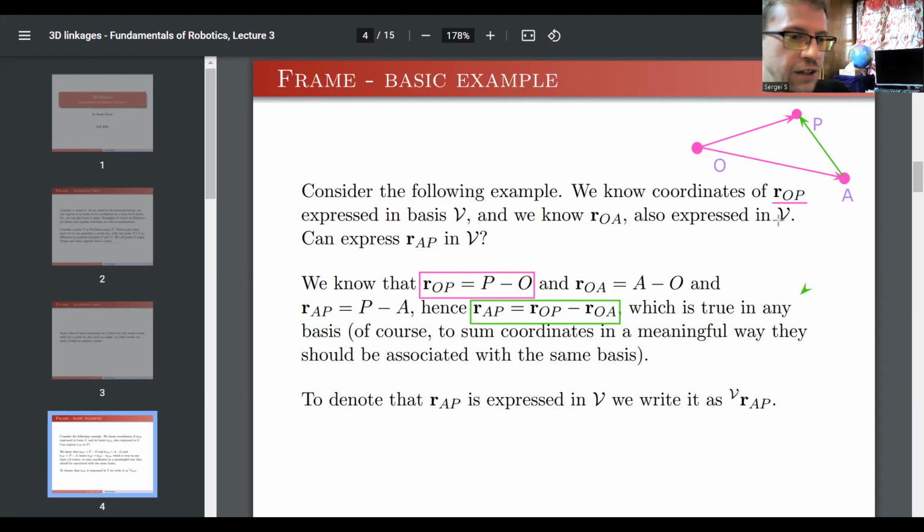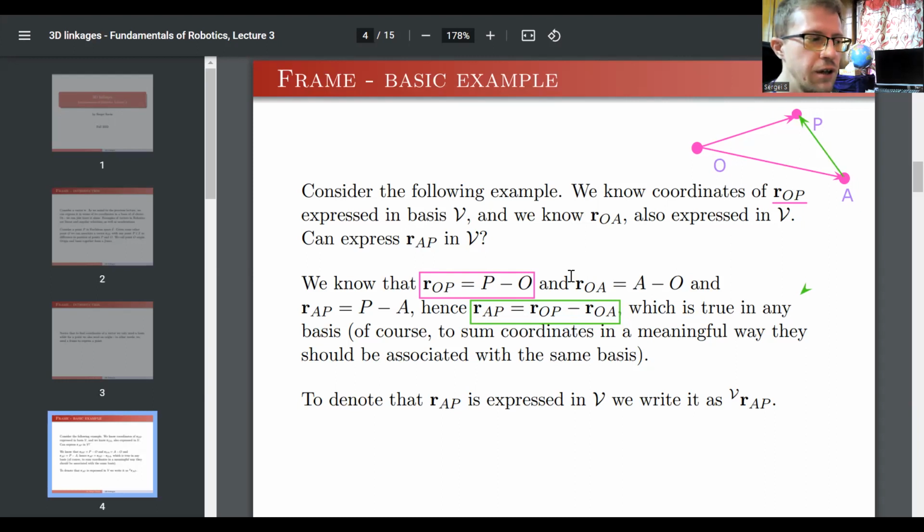What we did here is equivalent to a change of origin. Originally P was expressed with respect to the point O. Now we expressed P with respect to point A. How do we do it? Well, my suggestion is to do this type of reasoning.